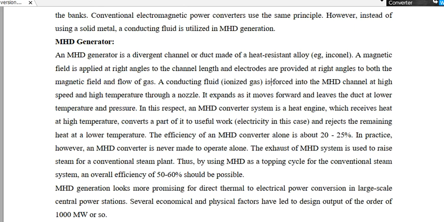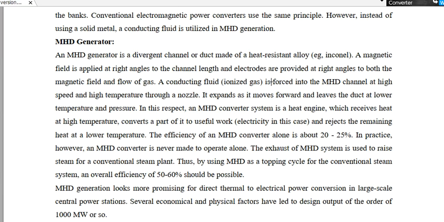So let's see the basic principle or basic working of our MHD generator. An MHD generator is a divergent channel or duct made of a heat resistant alloy. Example is Inconel. A magnetic field is applied at right angles to the channel length, and electrodes are provided at right angles to both the magnetic field and flow of gas.